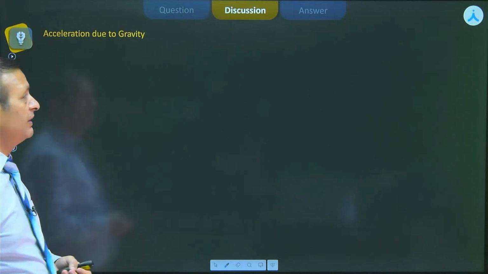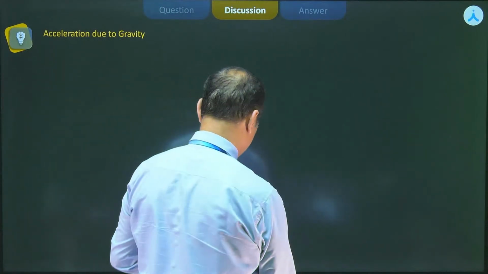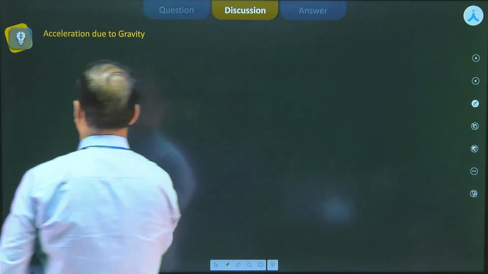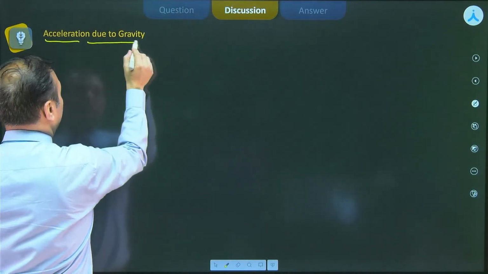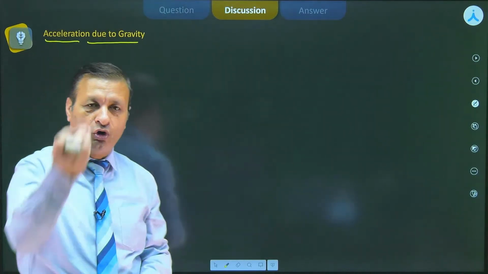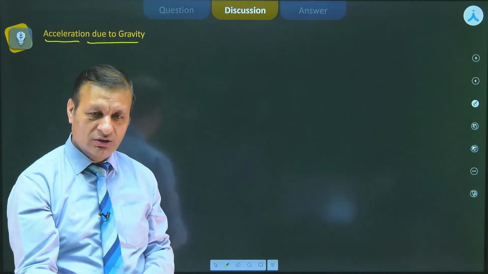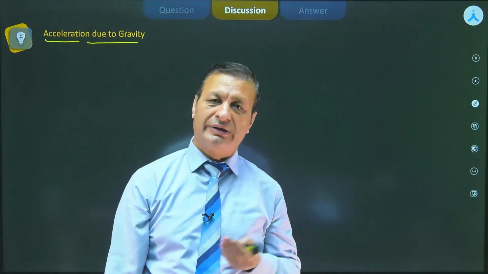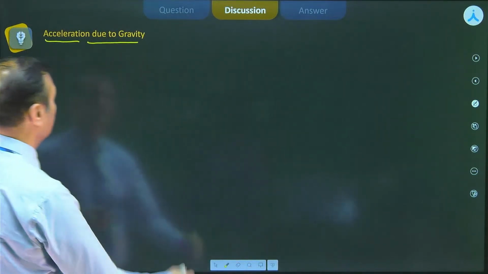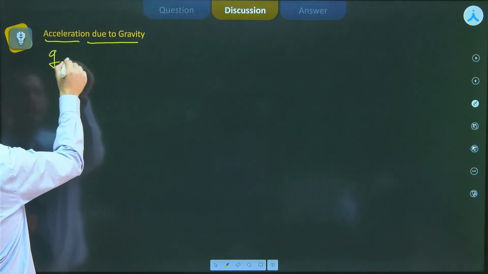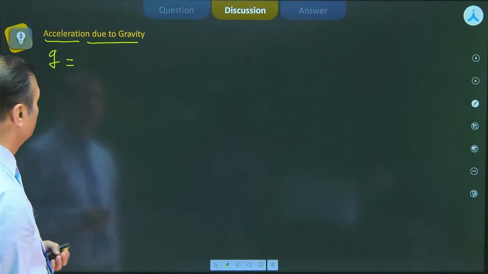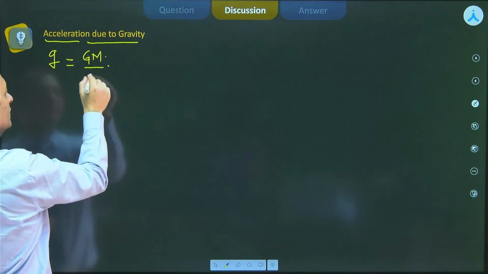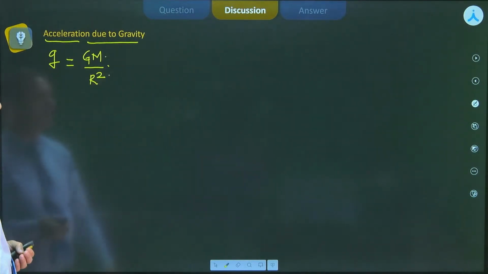Now we have another concept, acceleration due to gravity. So when you allow your body to fall under the effect of gravitational pull, let's suppose that pull is for your planet Earth, then the acceleration acquired by the body is called acceleration due to gravity, and we write it as small g, which is given to us as GM by r square.